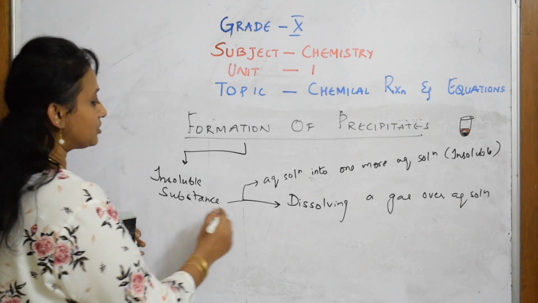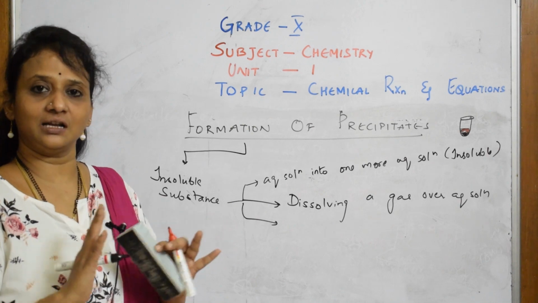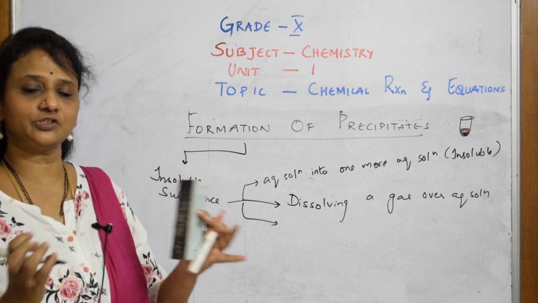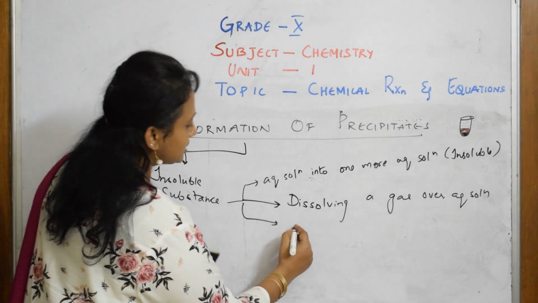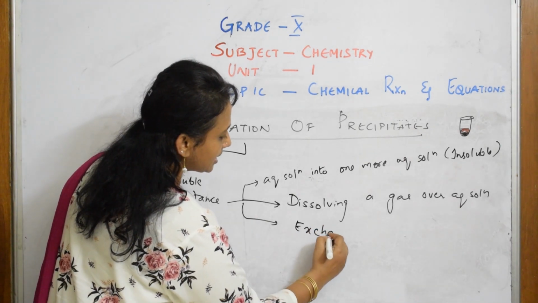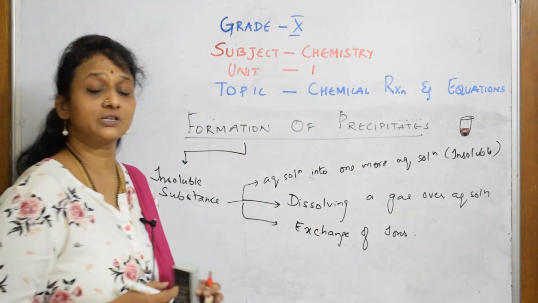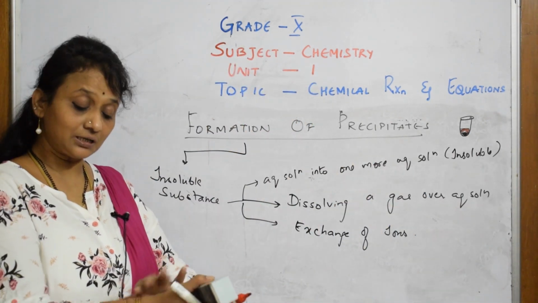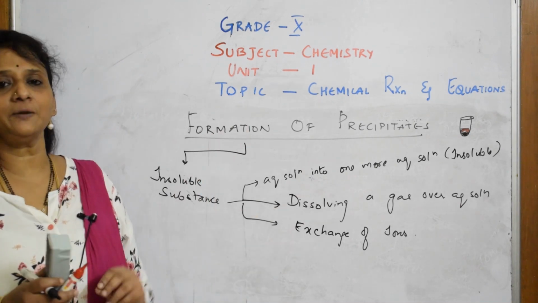Next, suppose you're mixing two different colorless solutions together, when there is exchange of ions, precipitate also forms. So let us write: when there is exchange of ions, precipitate forms. Basically these are the different circumstances where you find precipitate.